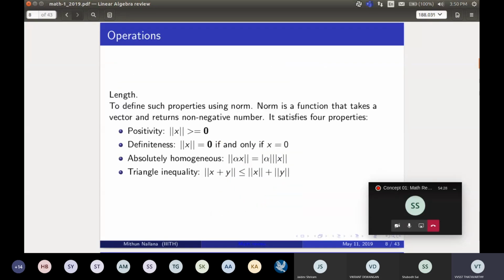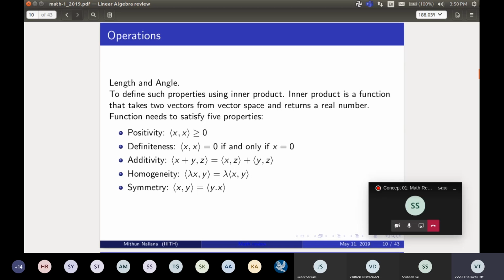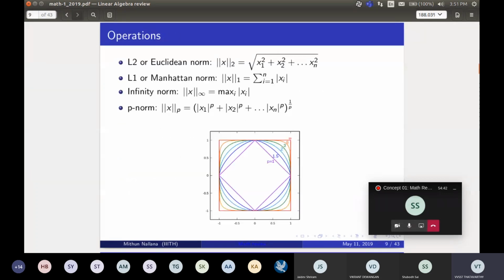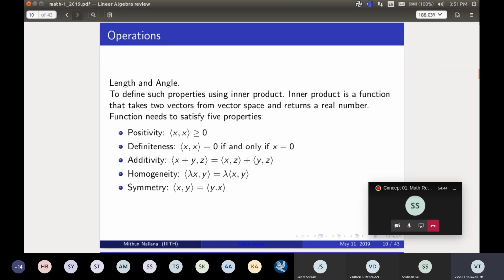So now that we have defined norms, we can also define length and angle. This can be defined using the inner product. The inner product is similar to the dot product. If you take two different vectors, that we define as the dot product, but if you take the same vector and say x dot x, that is what we call the inner product.